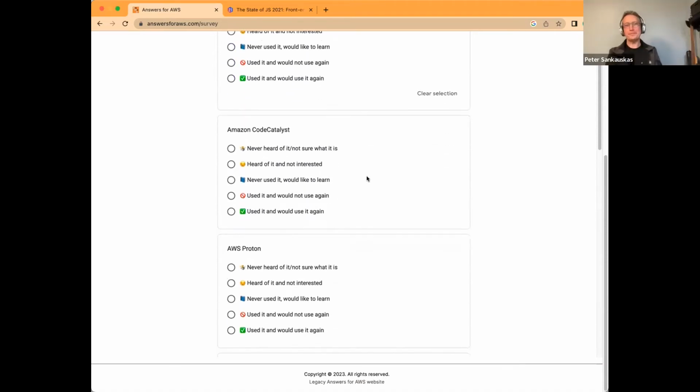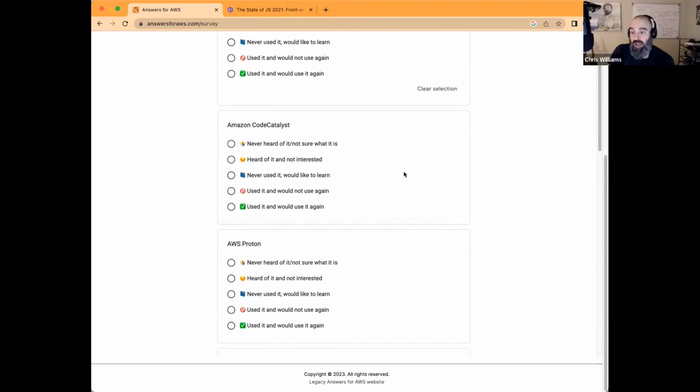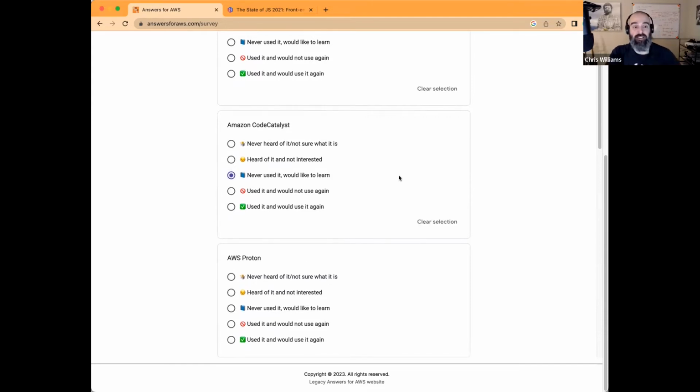Right. Okay. So CodeCatalyst, this is a no-brainer. I have not used it, but I would like to learn. I have a tendency to not touch anything until at least six months after it's been announced GA, because by then some of the rough edges have been filed off. So I'm still biding my time for CodeCatalyst.